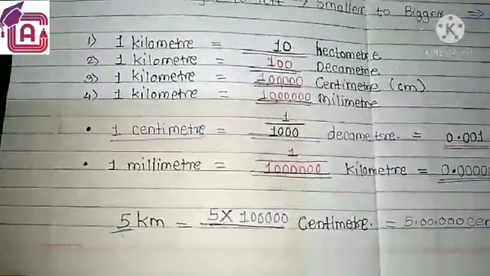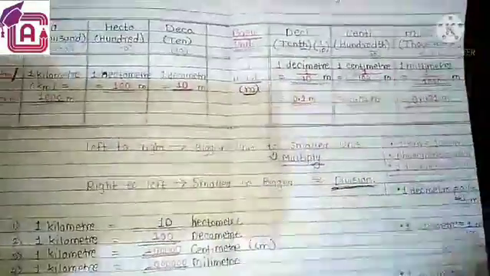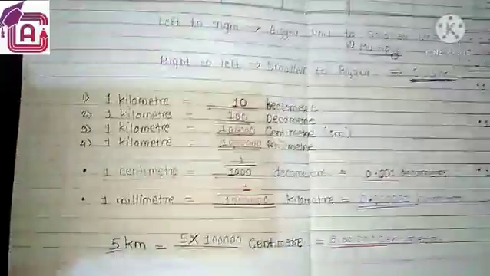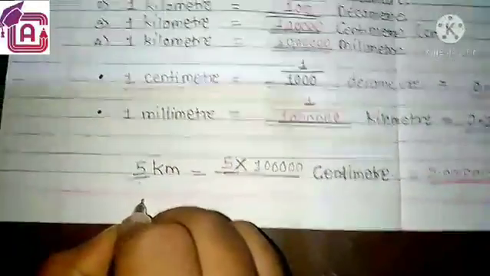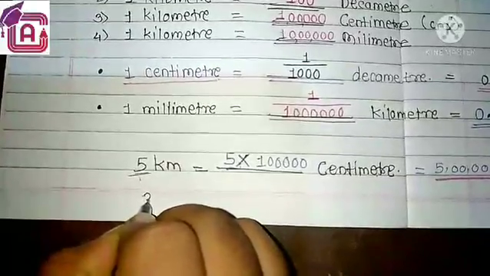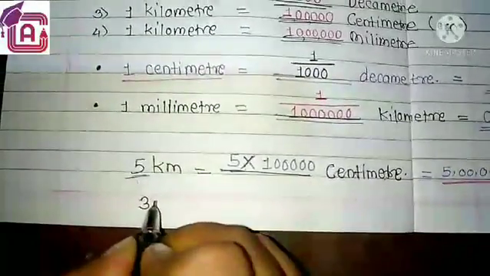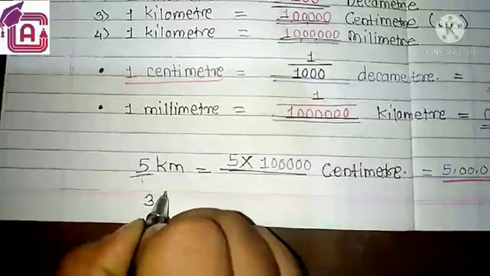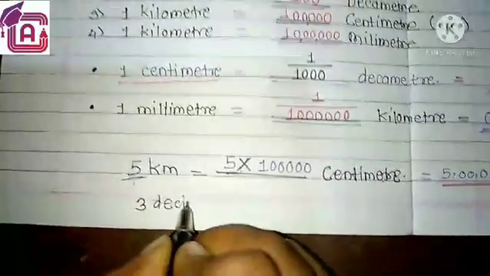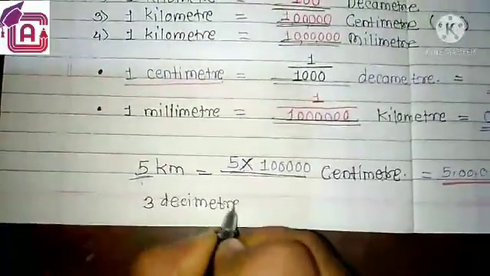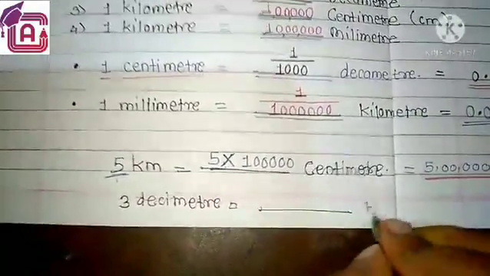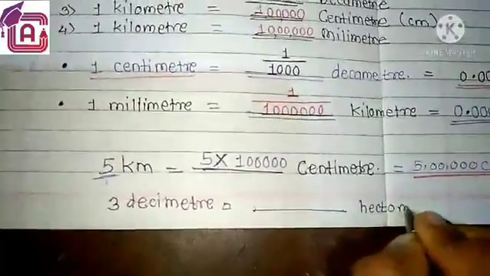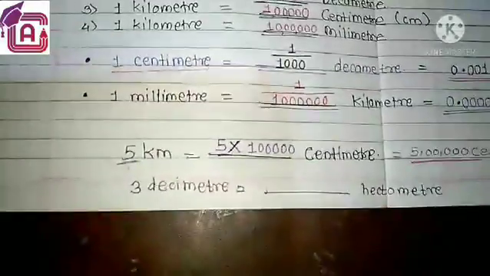5 lakh centimeter. If I am taking the example of division, I am writing here the example of division, that is 3 decimeter is equal to how many hectometer?